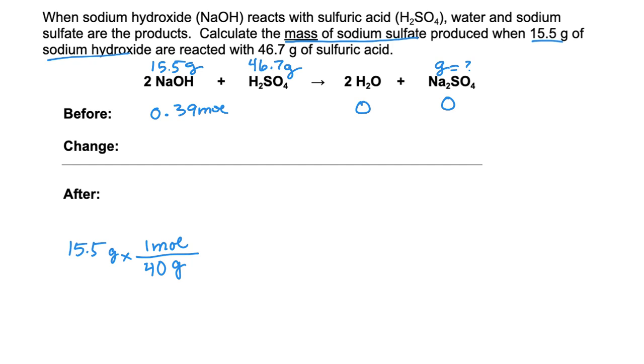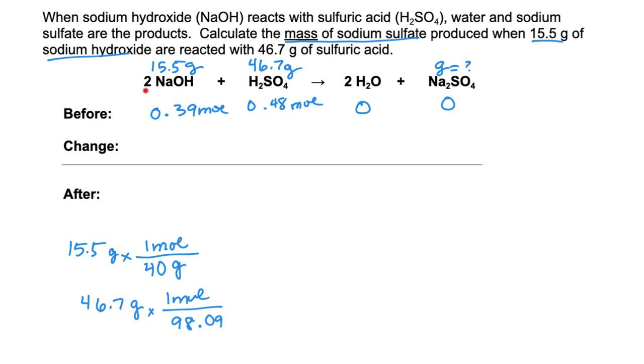And then do the same calculation. 46.7 grams of H2SO4. 1 mole of H2SO4 has a molar mass of 98.09. 46.7 divided by 98.09 gives me 0.48 moles of H2SO4.